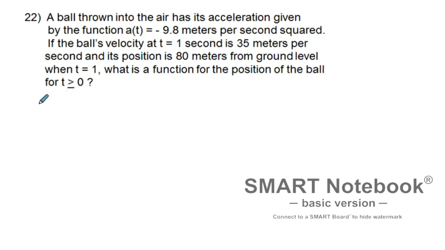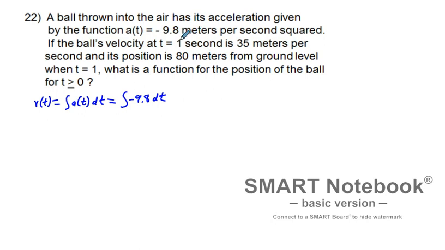Well, first thing, we're going to find our velocity, v of t, which is equal to the integral of a of t dt, which in the case of this problem is the integral of negative 9.8 dt.